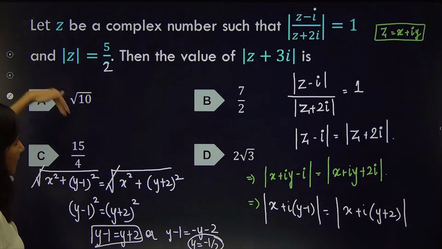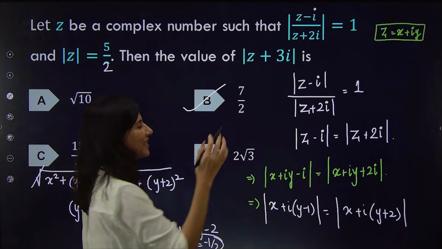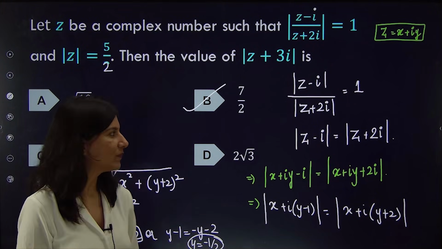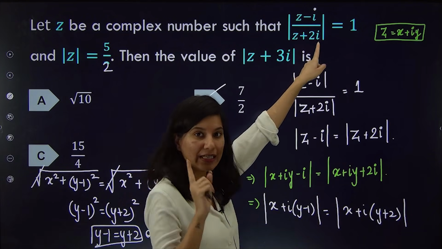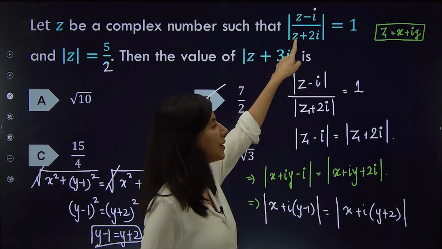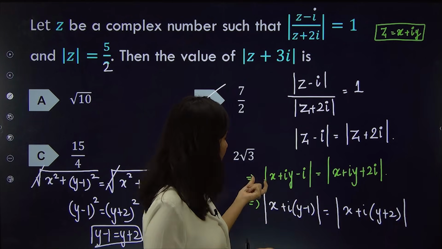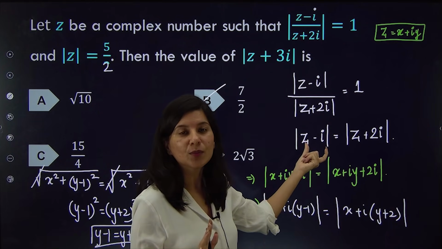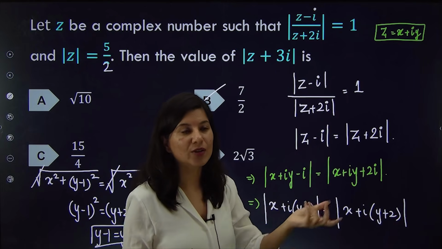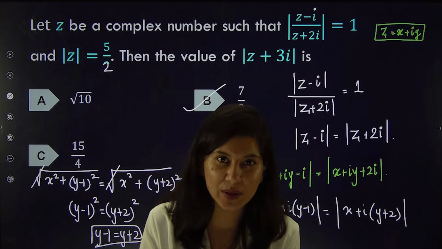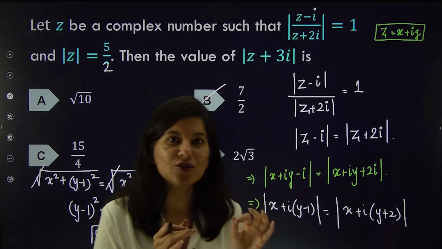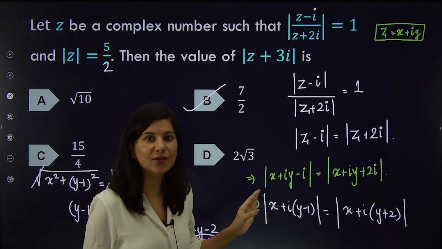So let us have a look, and option B is absolutely right. Okay, all right. So what did we do? We just applied one property of modulus, separated, cross multiplied. Then we put z is equal to x plus iy. Trust me, the majority of the easy questions, the NCERT based questions, will be done by just putting z is equal to x plus iy.